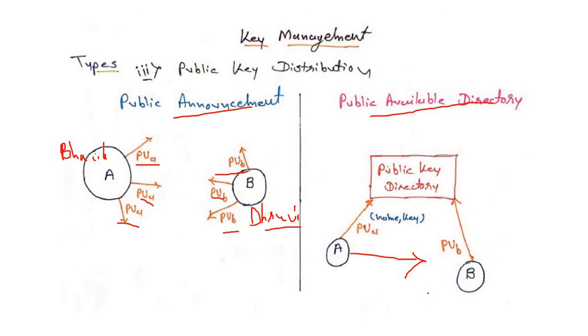Suppose A wants to call B, so it will require the mobile number of B. If A does not have the mobile number of B, what will A do? A will search for the mobile number of B, like A will search with Truecaller. Get it? Currently you are using Truecaller. You are in the era of Truecaller.